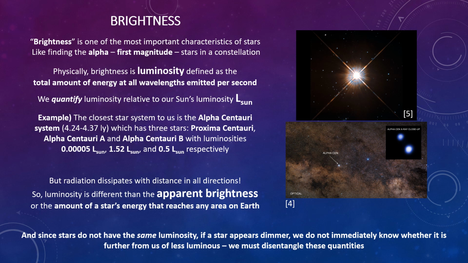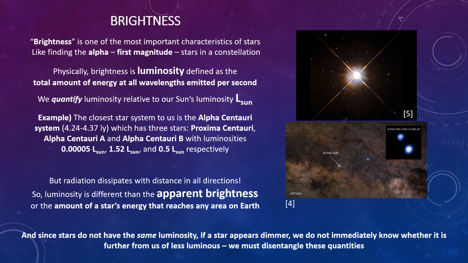However, that's different than what we see when we are looking at a star. Because when we are looking at a star, we are only on one part of that sphere around the star. So we are only receiving a sliver. So what we see is the apparent brightness of the star.